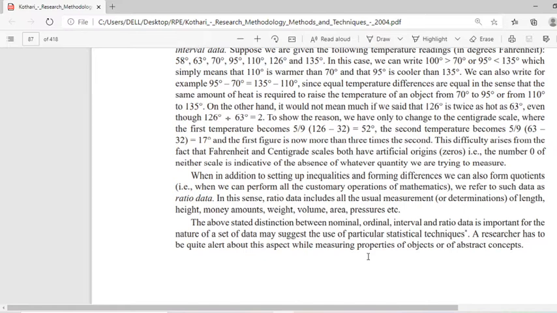Examples include length, height, money amounts, weight, volume, etc.